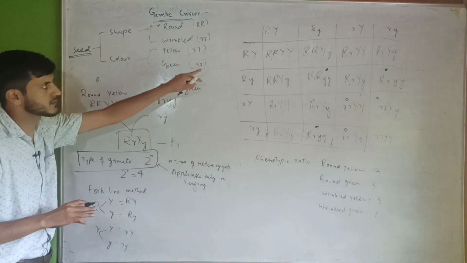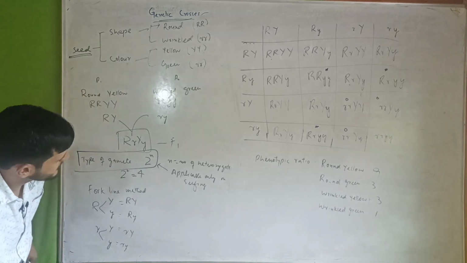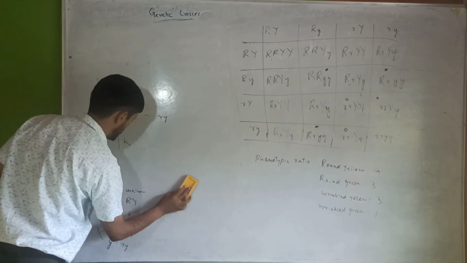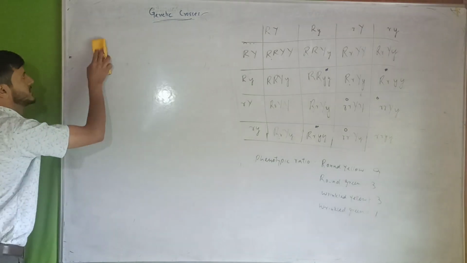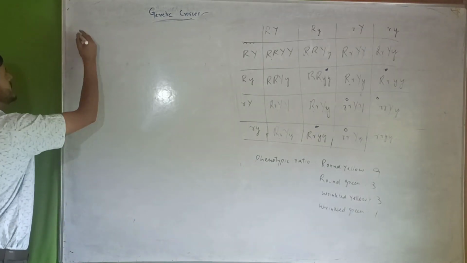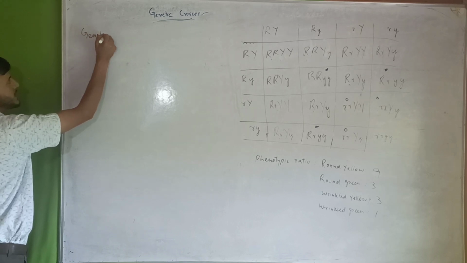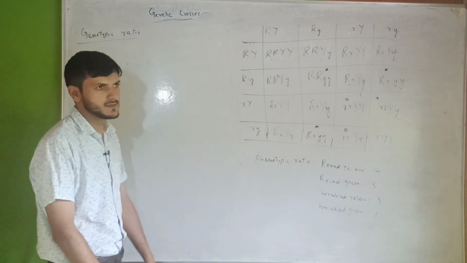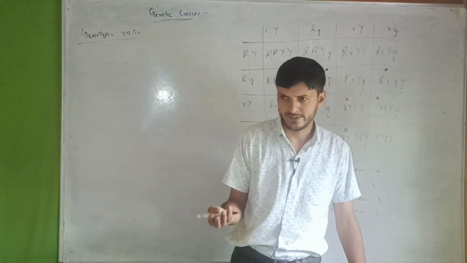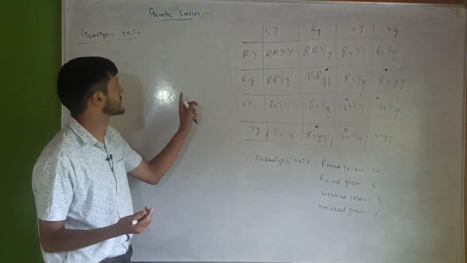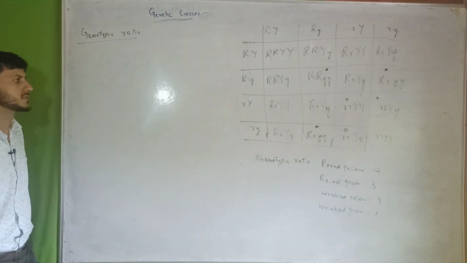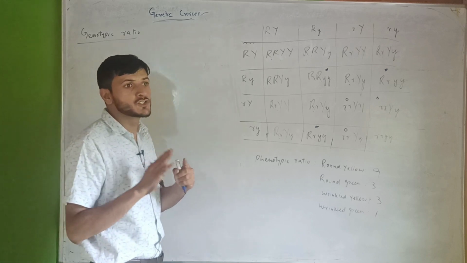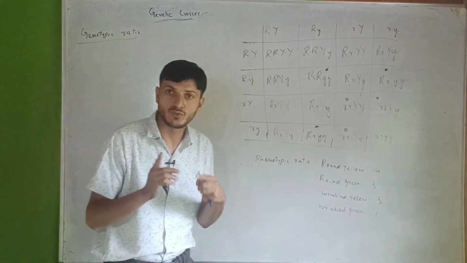Now we'll check the genotypic ratio of the dihybrid cross. There are very short cuts to find out the genotypic ratio of the dihybrid cross. As you have already seen in the monohybrid cross, the genotypic ratio was 1:2:1.